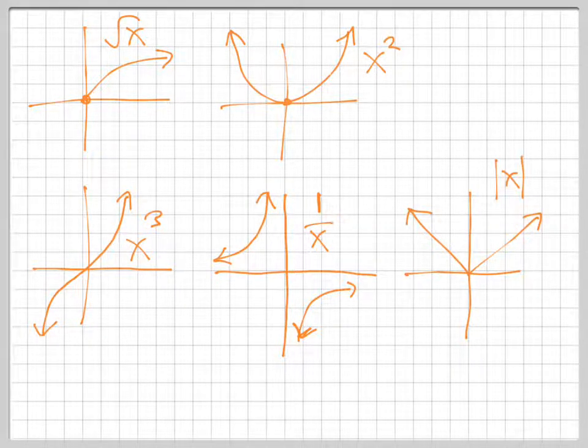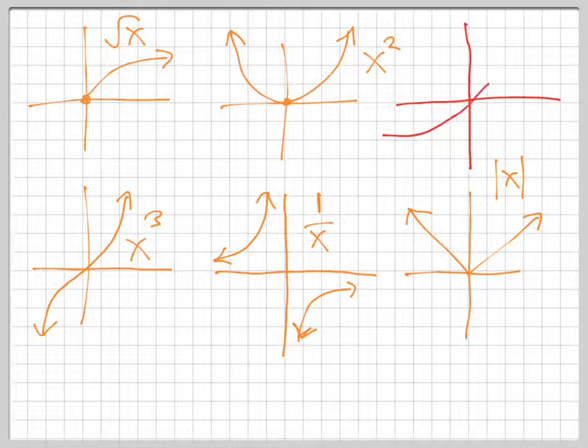That's a V shape. And let's throw in one more. Kind of a sideways snake. That's the 3rd root of x. There we go. There's the big 6. Put those on your 3x5 card.